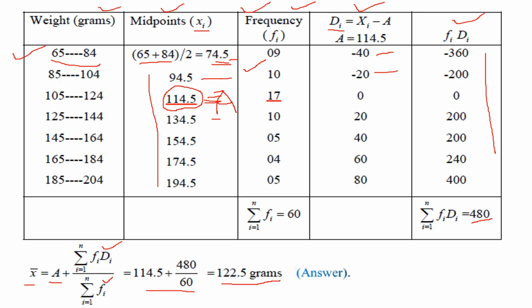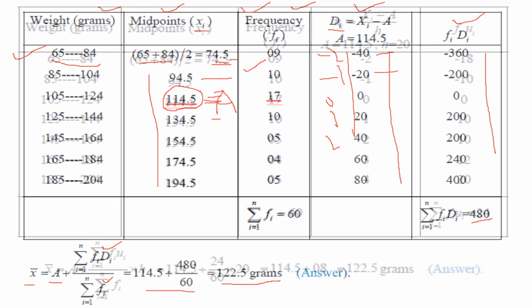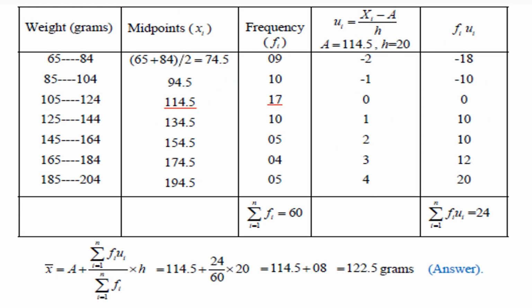In order to make it simpler, we use another modification. Here we divide this d by 20 so that we can get smaller values like minus 2, minus 1, 1. When we divide this column by 20, we get minus 2, minus 1, 0, 1, 2, and so on. Here in this table, this is a new table. This is already known, this is already known, this is already known.